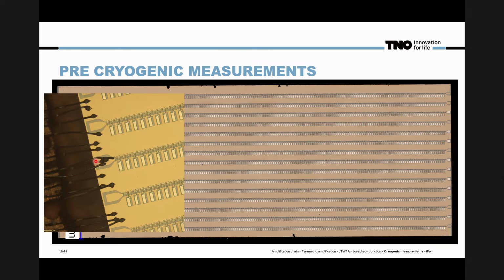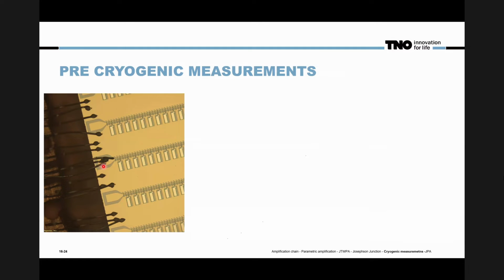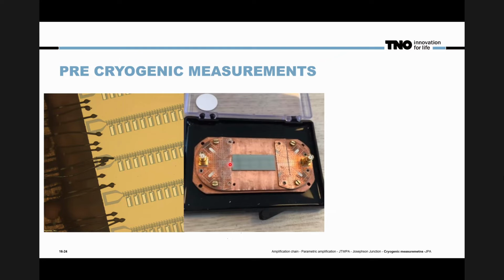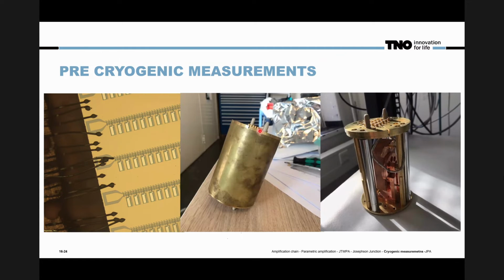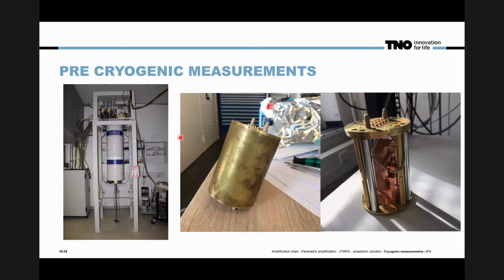These wire bonds we see here connect the transmission line of the device to the transmission line of the PCB. The PCB is here, and the transmission line of the PCB goes to a coax cable here and here, which are the input and output. Then the PCB is mounted inside of a puck. The puck is then connected to a final shield we see here, and then it's mounted in a cryostat.